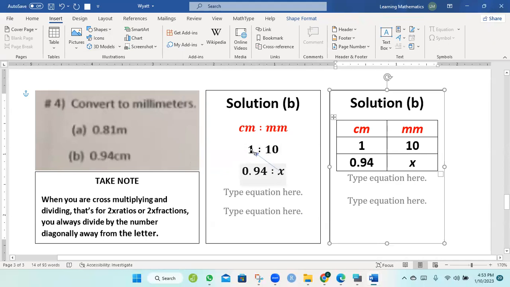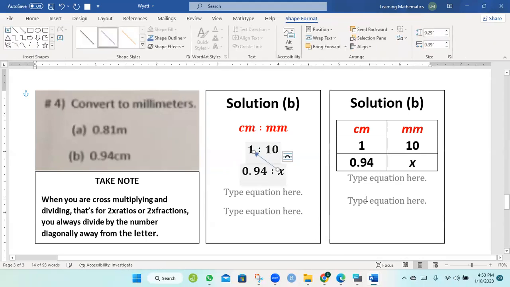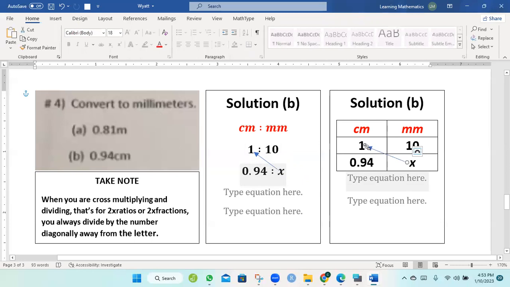We have to divide by 1. In our process, it's not just cross multiply. If anybody tells you cross multiply, tell them you're missing a very important word: and divide. Not just multiply alone, cross multiply and divide. So we have to divide by 1.